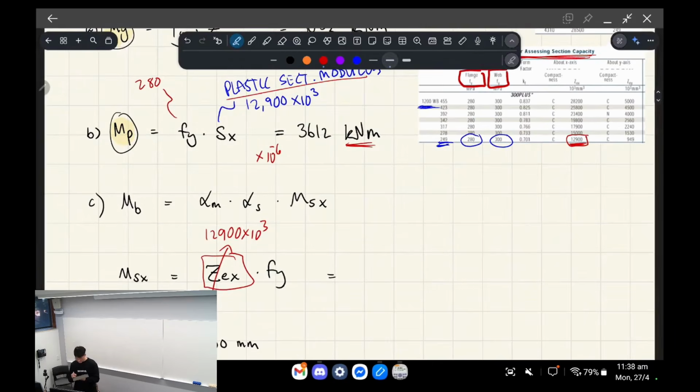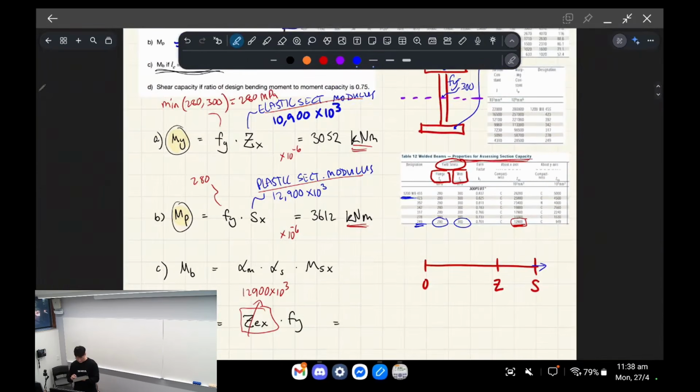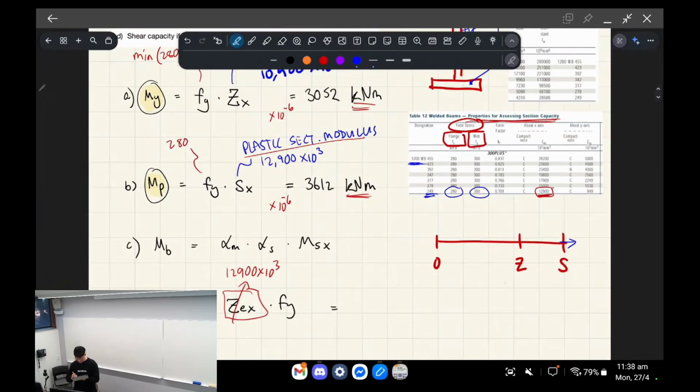Yeah, so if you were to imagine this is like a little bit of a timeline, or like a number line. Okay, let's just put 0 here. You've got your value for Z, and you've got your value for S. So this is like an increasing number line, right? Z was 10,900 times 10 to the 3 millimeters cubed, and then S was 12,900 times 10 to the 3 millimeters cubed.